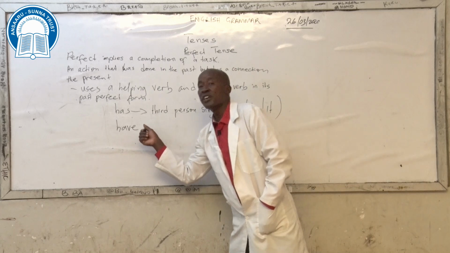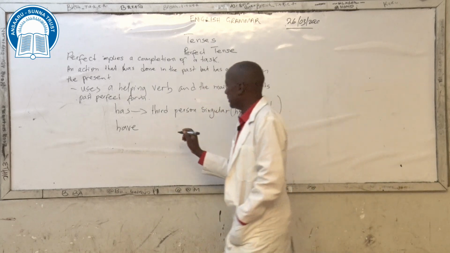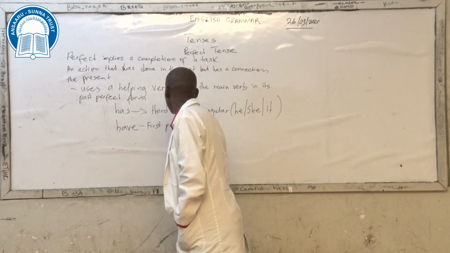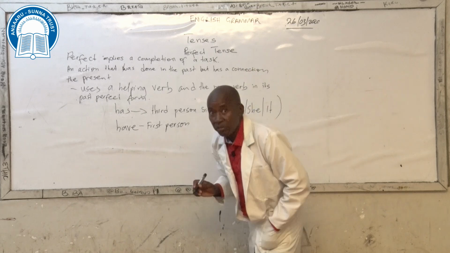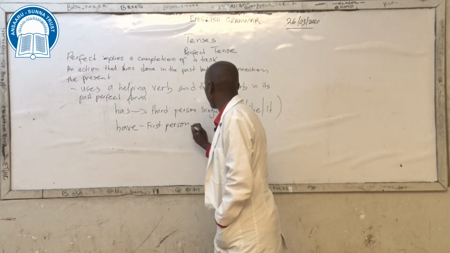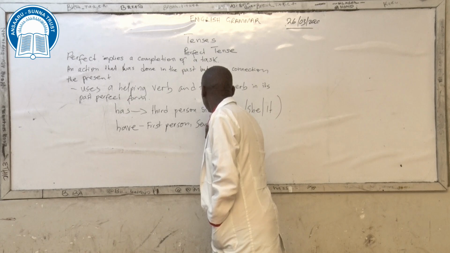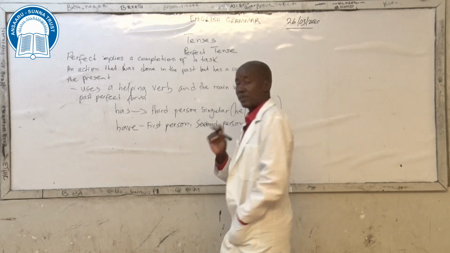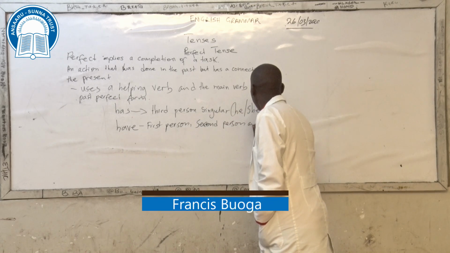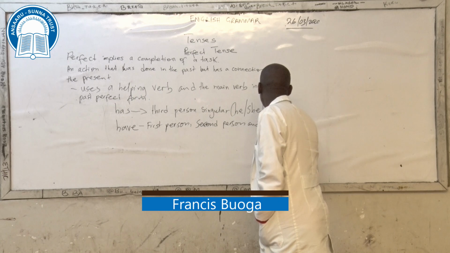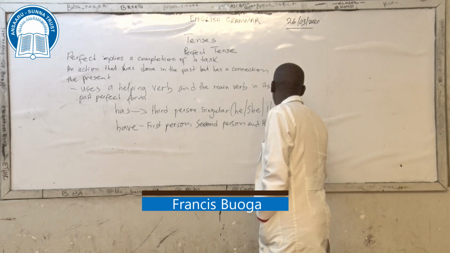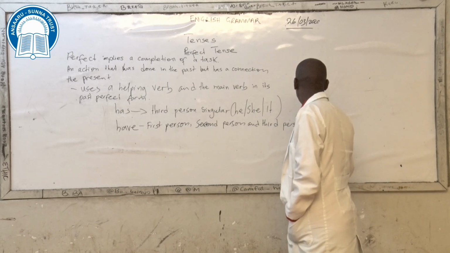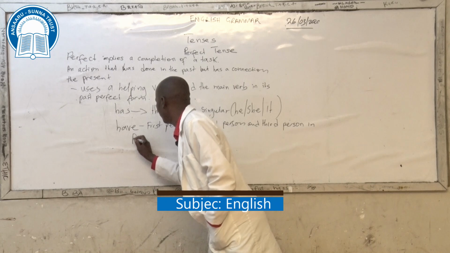While the helping verb have is used with first person singular and plural, that is first person, second person, singular and plural, and third person in plural form.